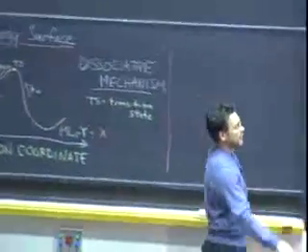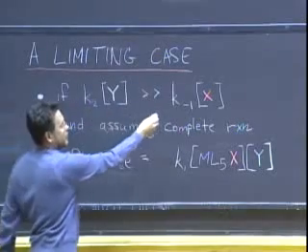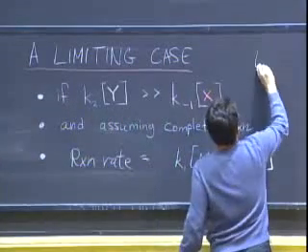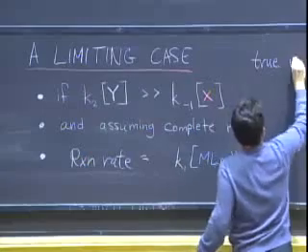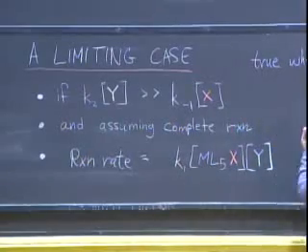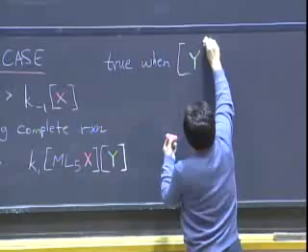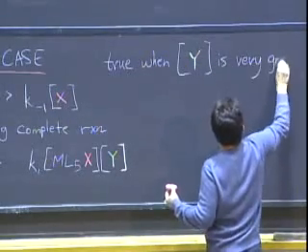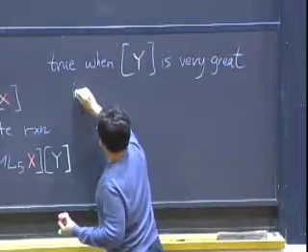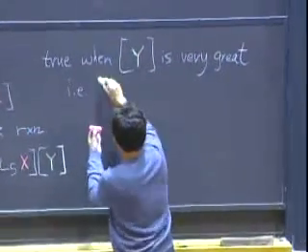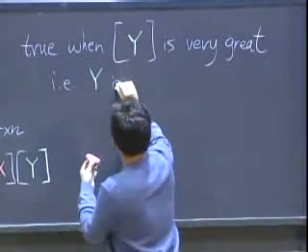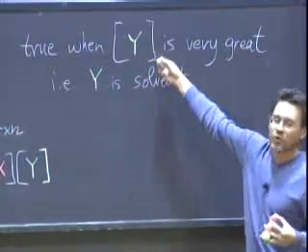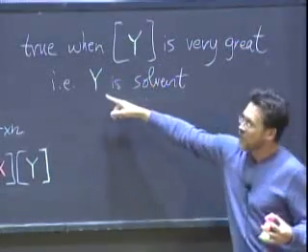That's the assumption here, that K2 times the concentration of Y is much greater than K minus 1 times the concentration of X. This is often true when the concentration of Y is very great, i.e., Y is the solvent. So in the case of water, you've got essentially 12 molar Y. Okay? Y is your solvent.